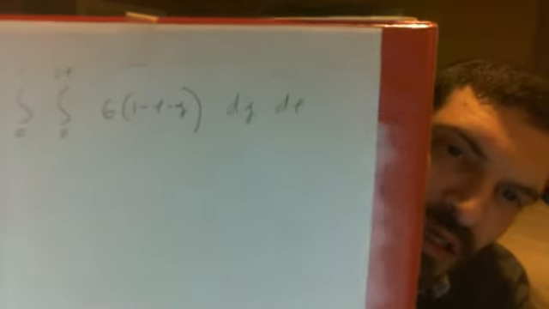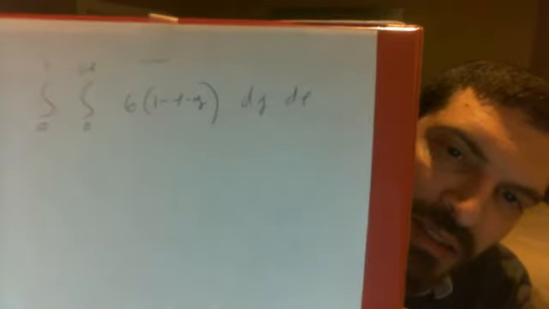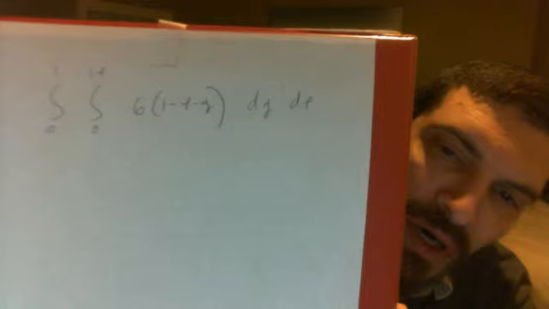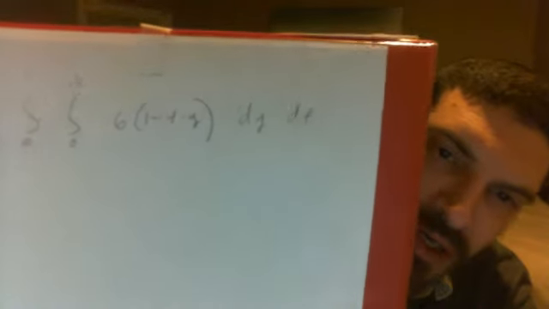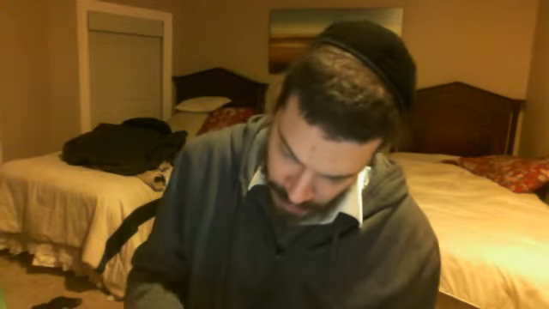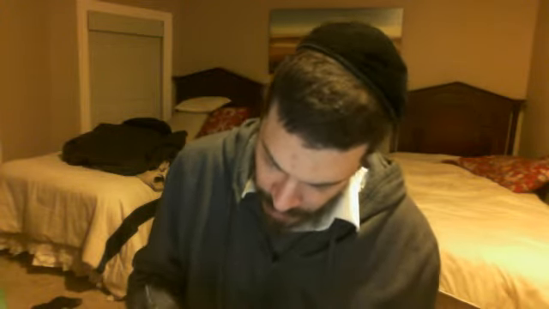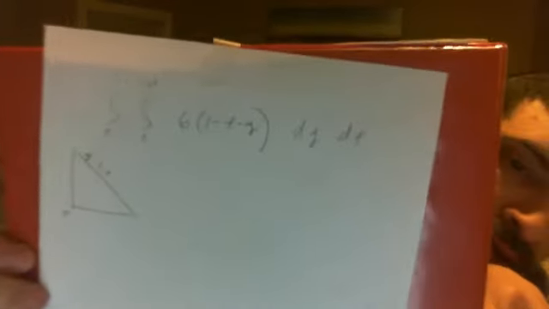As you see, it is 6 times 1 minus x minus y dy dx, and it goes in the area of, I'll draw a picture here. You see a triangle there.